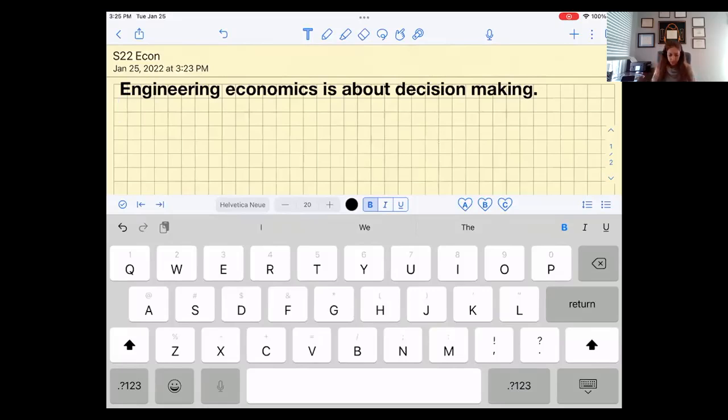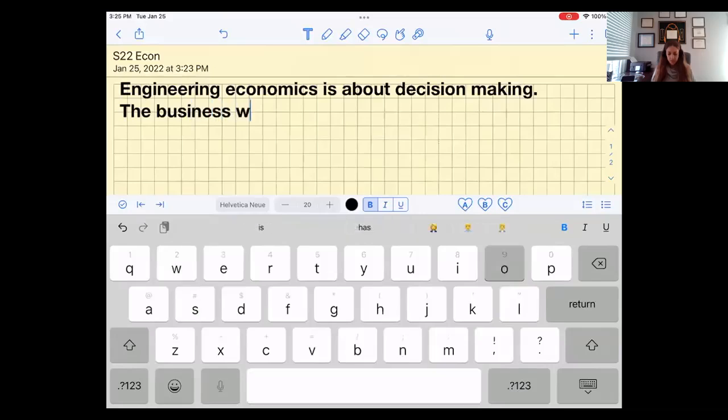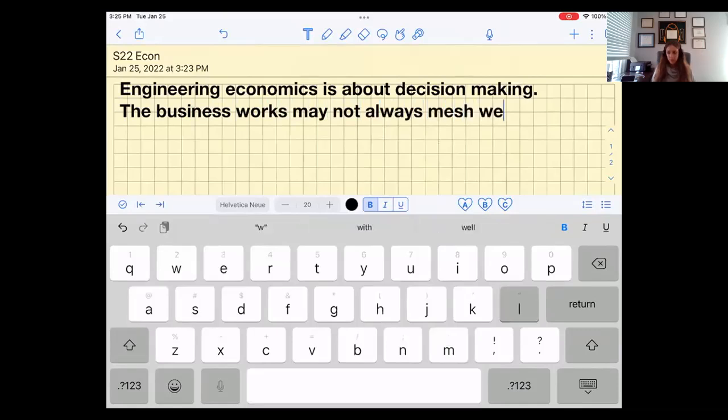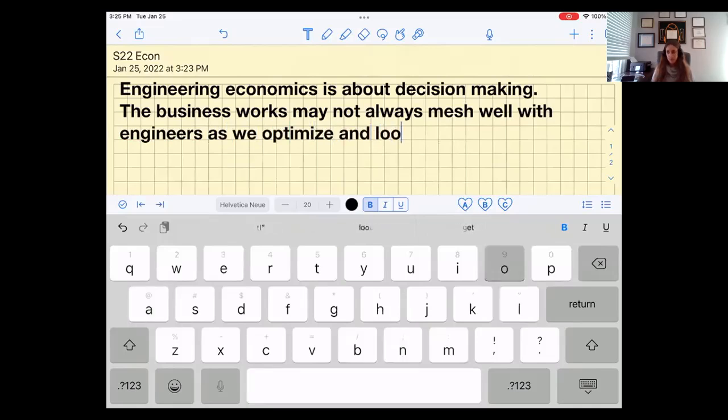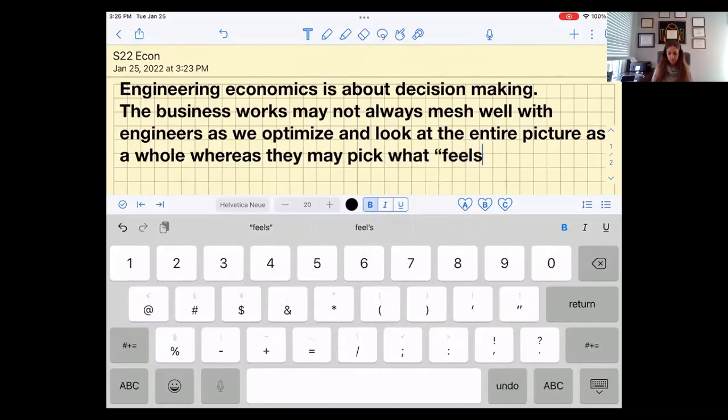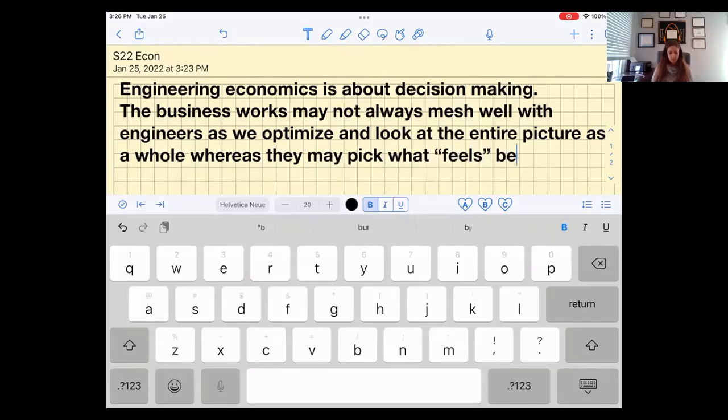Okay. So, the business world may not always mesh well with engineers, as we optimize and look at the entire picture as a whole, whereas they may pick what feels best in the moment.